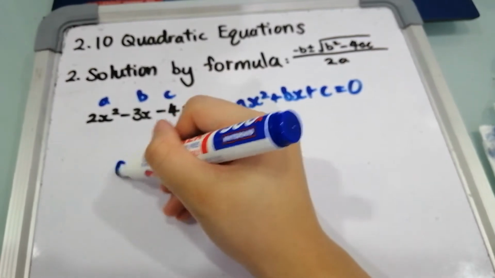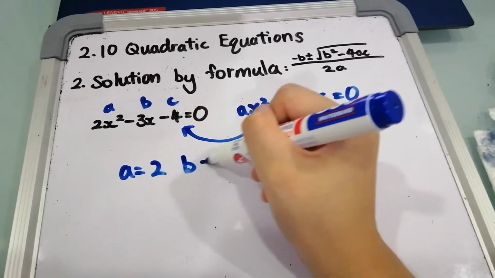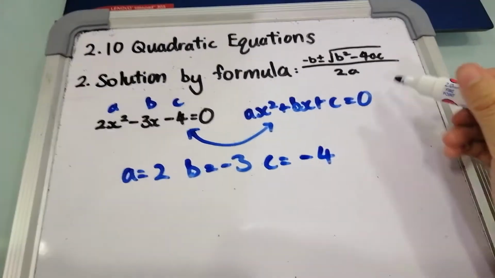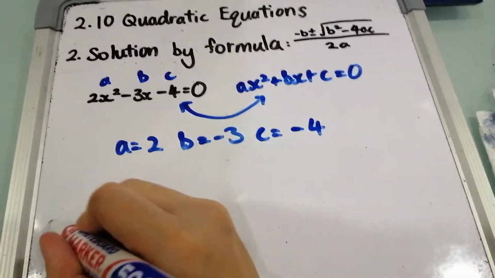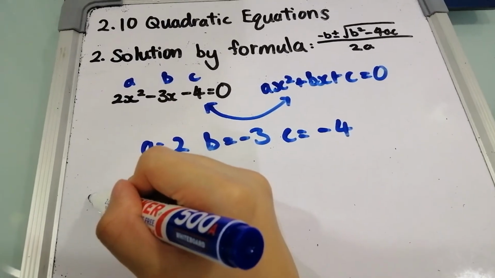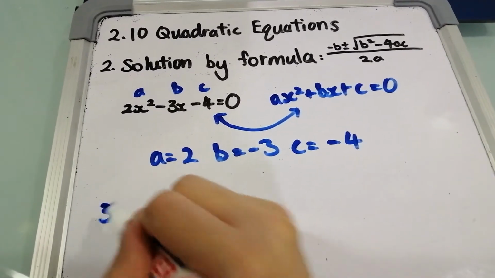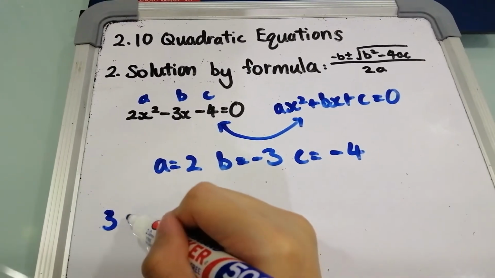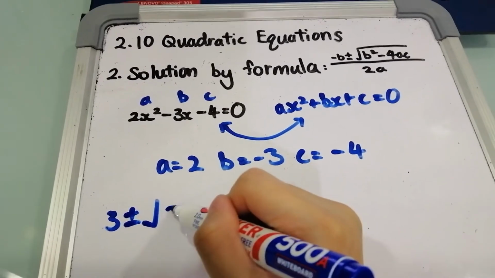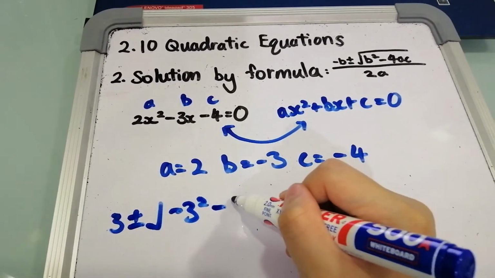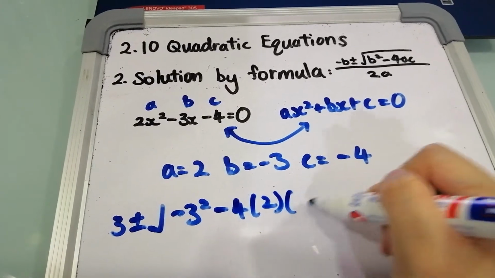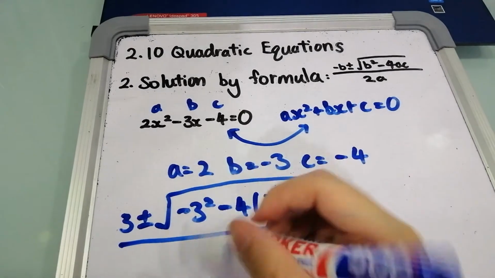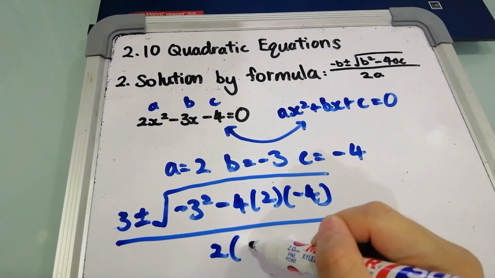In this case, a equals to 2, b equals to -3, and c equals to -4. So we can substitute this into our equation. Negative b: our b is already negative, so negative negative equals to positive, so it's positive 3. And -3 squared minus 4 times 2 times -4, the square root, over 2a. That's our a.